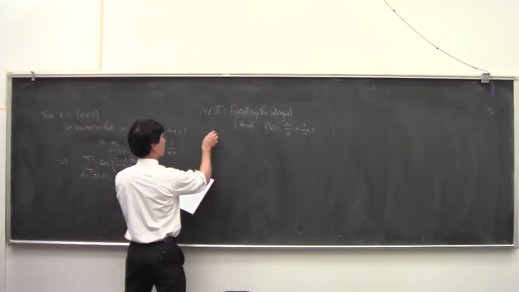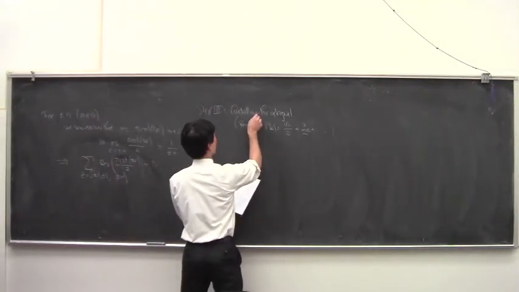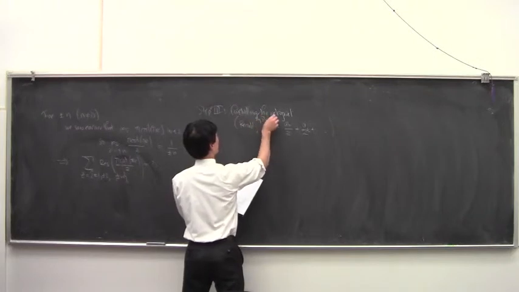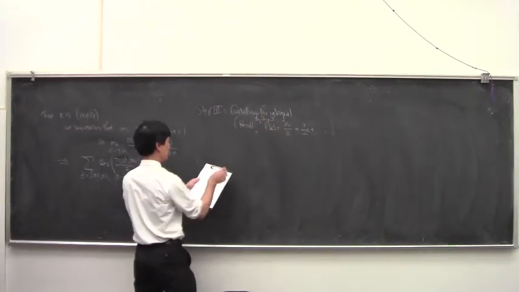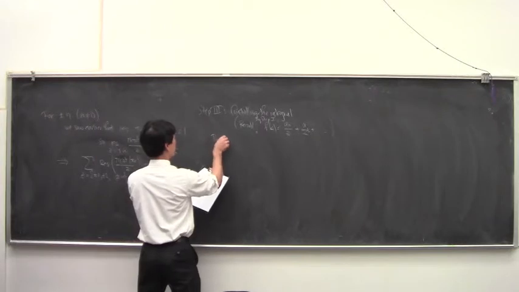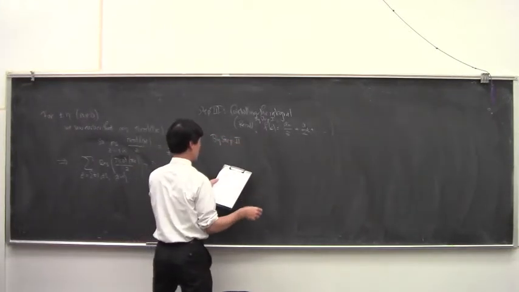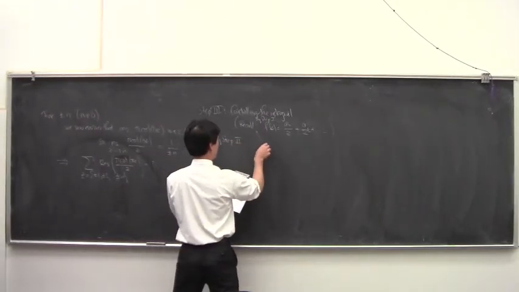If we recall by step 1, f of z looks like this. By step 2, we pull these things out immediately.